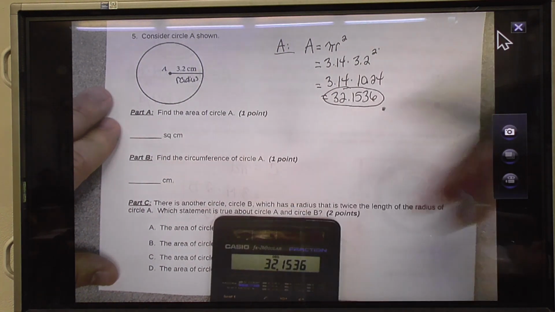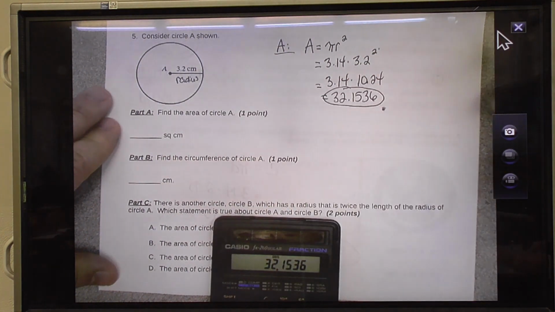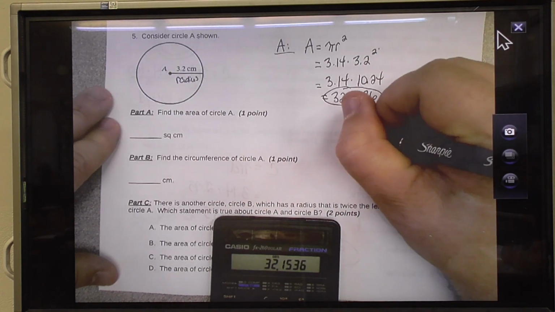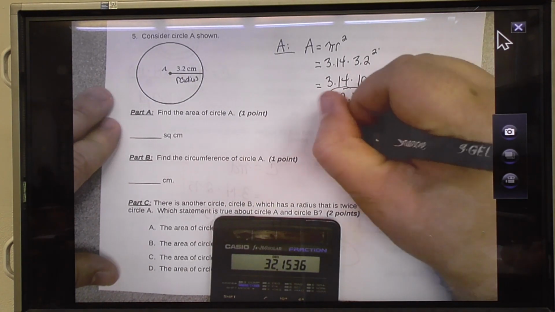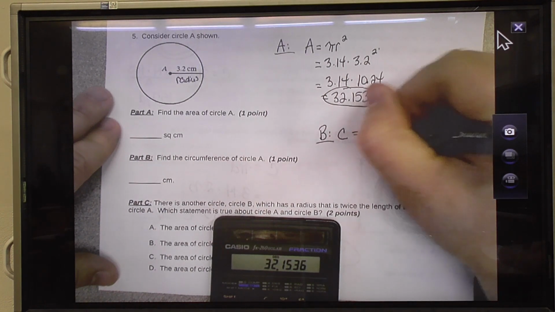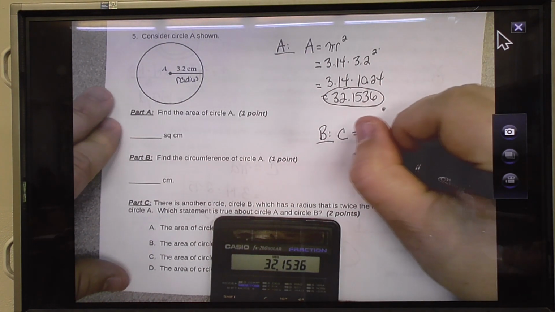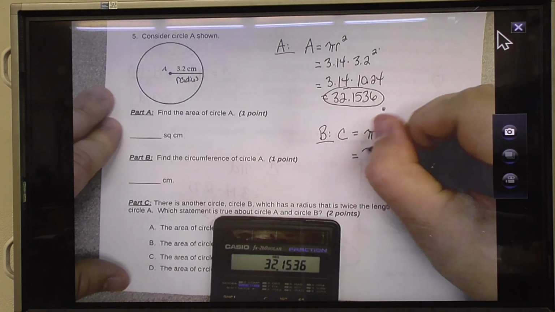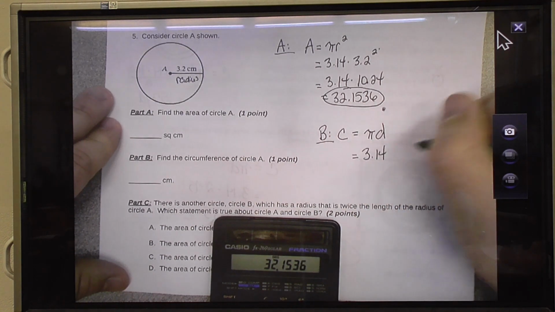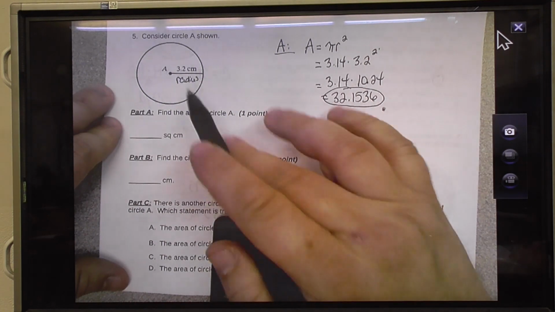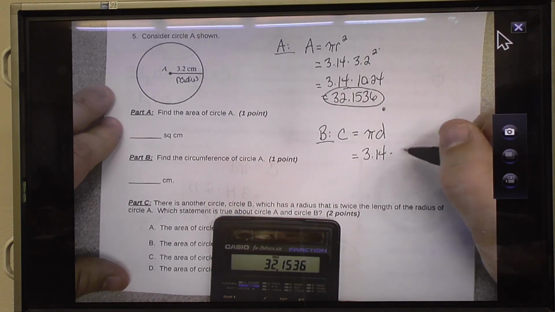Okay, now they tell me for part B, same circle. Now I need to find the circumference. So circumference, and this is part B. Circumference is pi times the diameter. Okay, no problem. Pi is 3.14 times, my diameter is 3.2, right? No, that's the radius.